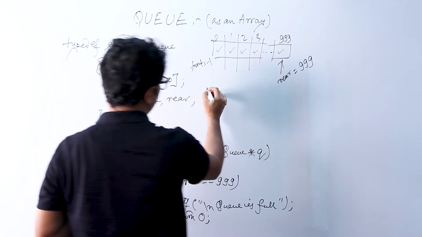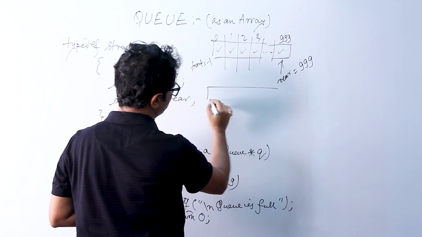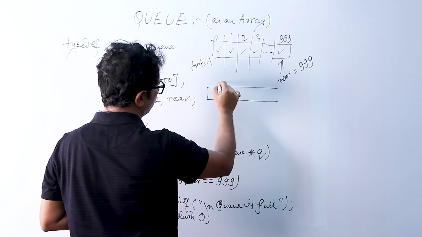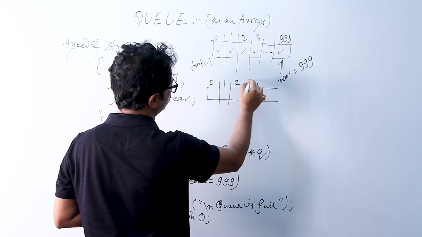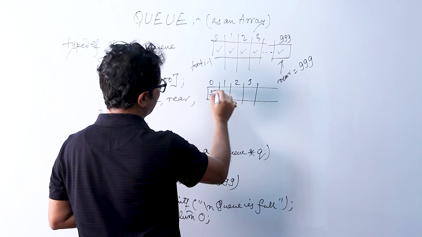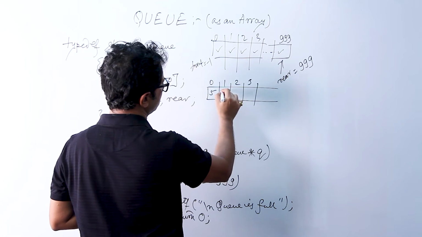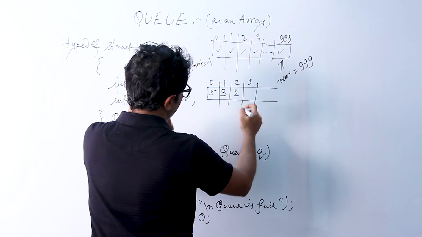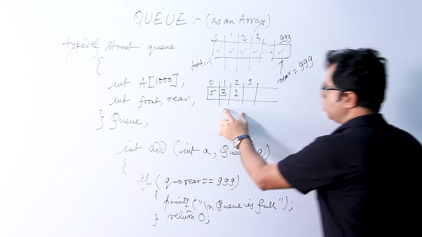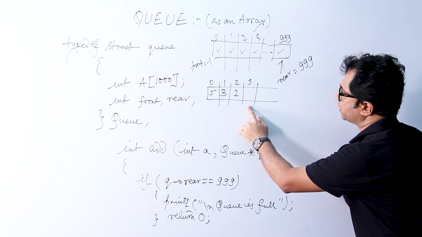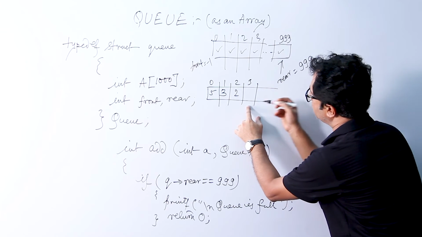Let me just discuss this operation a bit, otherwise you will not understand what I will write in the code. So suppose this queue is like this: 0, 1, 2, 3. Suppose there are 5, 3, 2. So these are 3 elements which are in the queue. Our addition is always from the rear end of the queue.